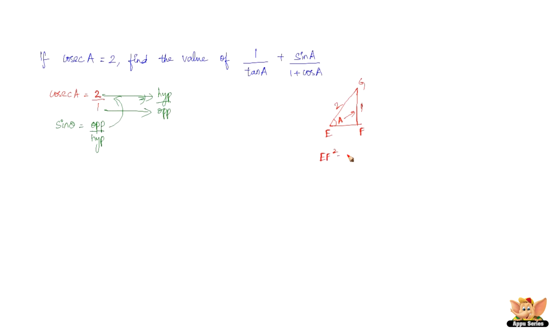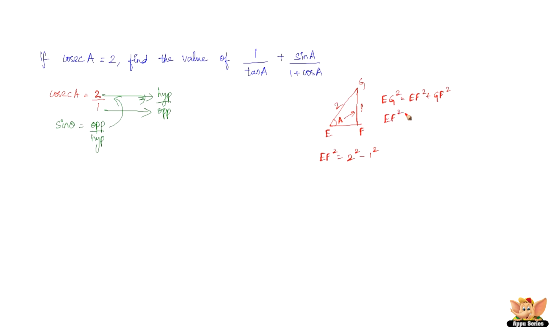So we have EF square as 2 square minus 1 square. This follows from the Pythagoras theorem. It states that the square of the hypotenuse is equal to the sum of the square of the other two sides, which is nothing but EG square equals EF square plus GF square.